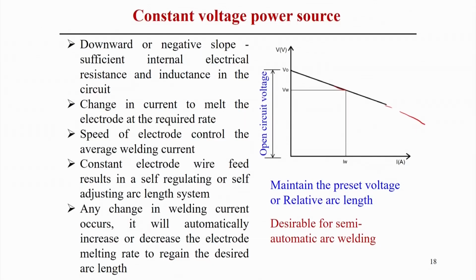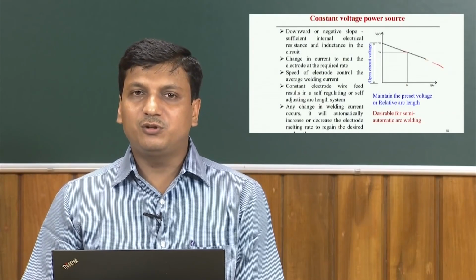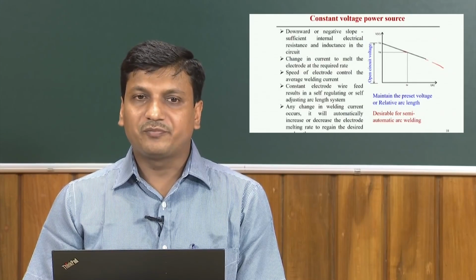The change in current is accompanied by melting the electrode at the required rate. So, the change in current is reflected by melting the electrode, so that it tries to maintain the constant voltage of the power source.